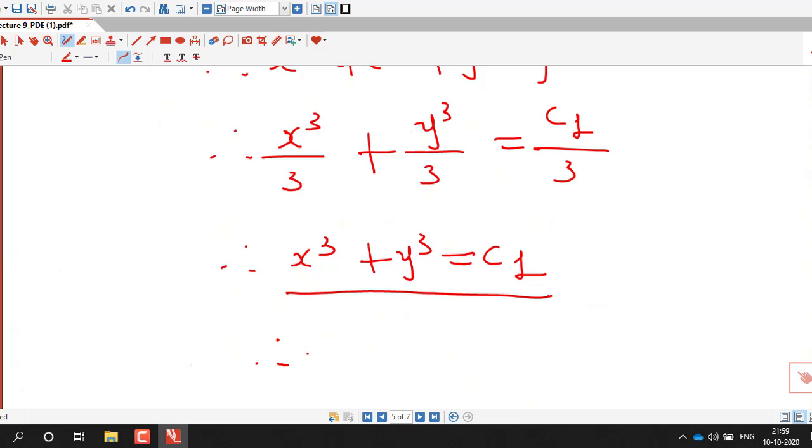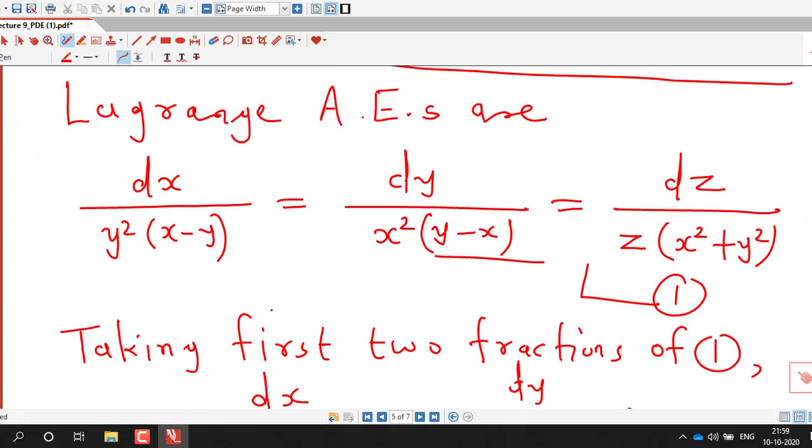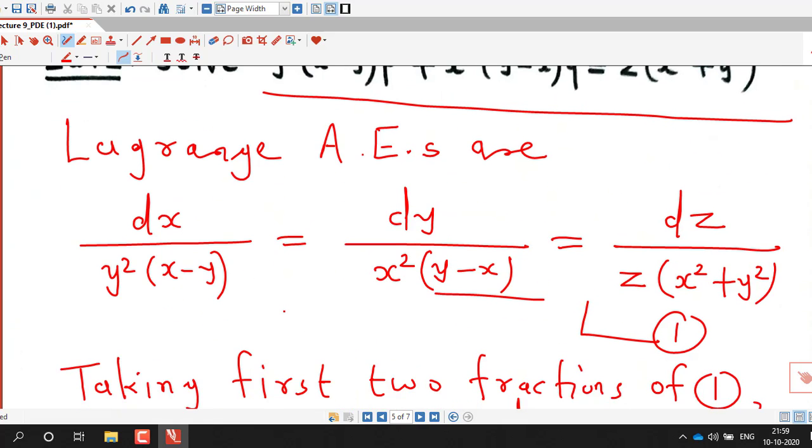So u equal to x cube plus y cube equal to c1. Now to find the second integral, we again concentrate on the Lagrange Auxiliary Equations. Here we have everything in terms of x and y in fractions 1 and 2.